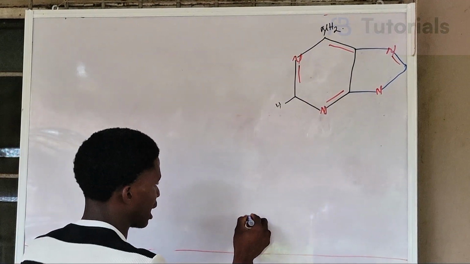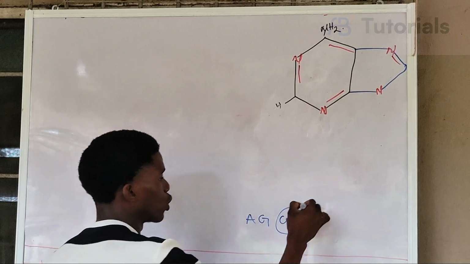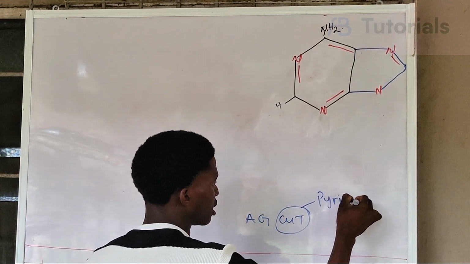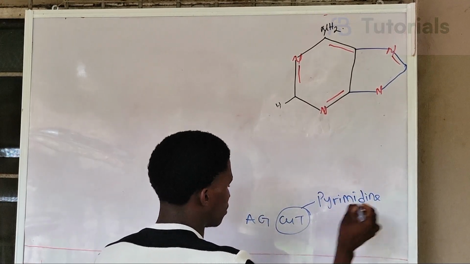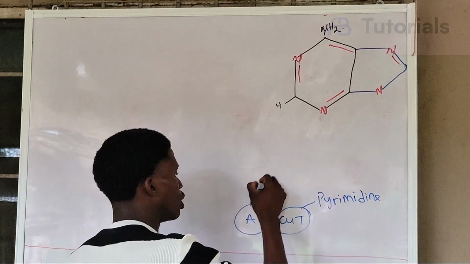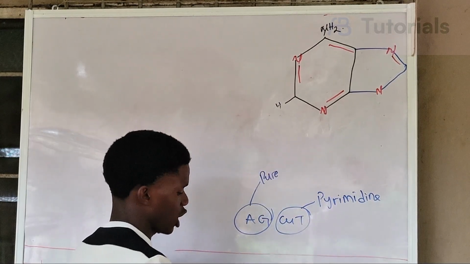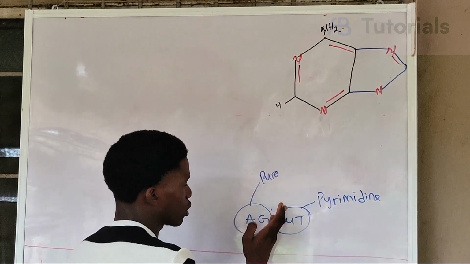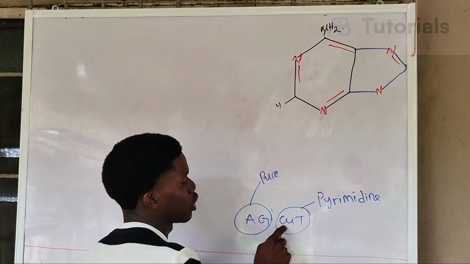For the last one I used Adagula cut, this cut is for the pyrimidine. And this AG is for the purines. If you are talking about the pyrimidine only, you just talk about the cut. But when you are talking about the purine, you talk about the AG and the cut.